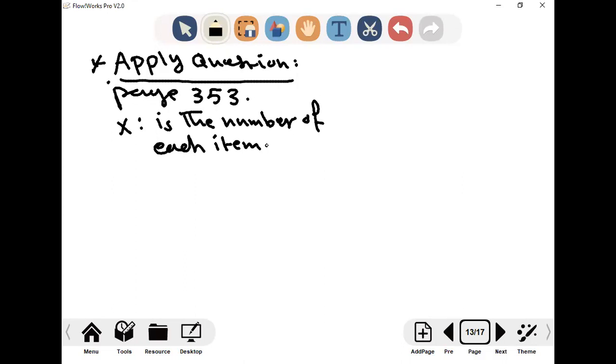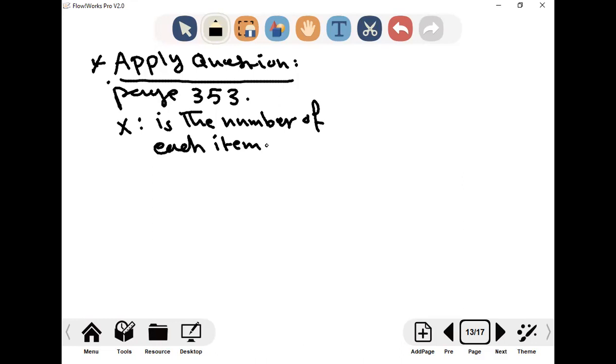Focus with me now. If the price of the t-shirt is $2 for each, what's the price of 5 t-shirts? 10. What you did is multiply 5 by 2.